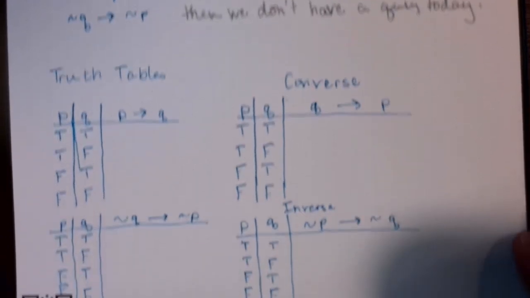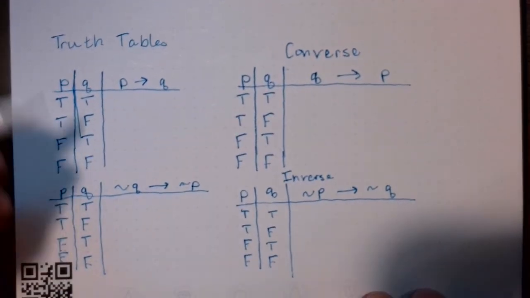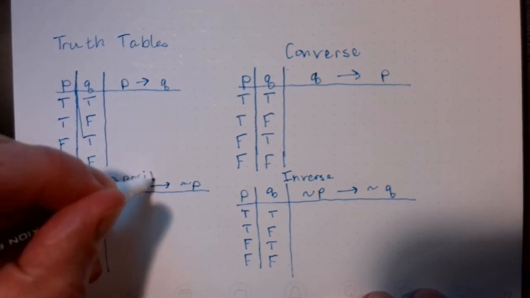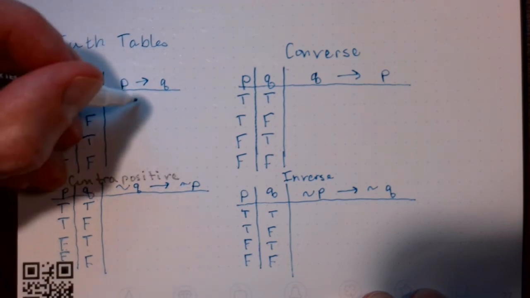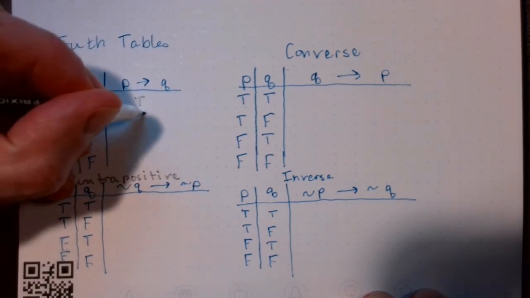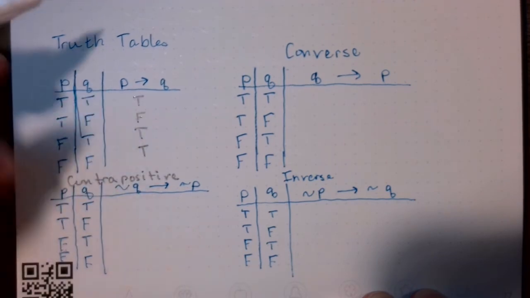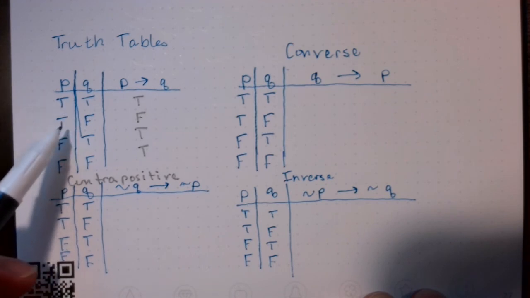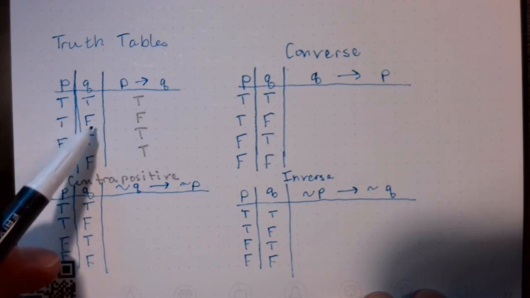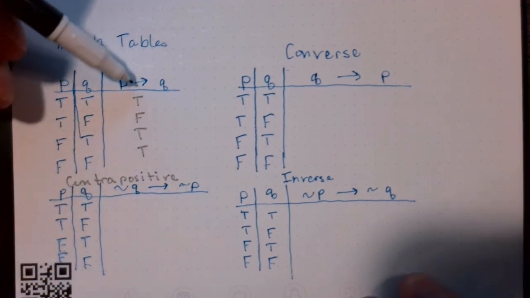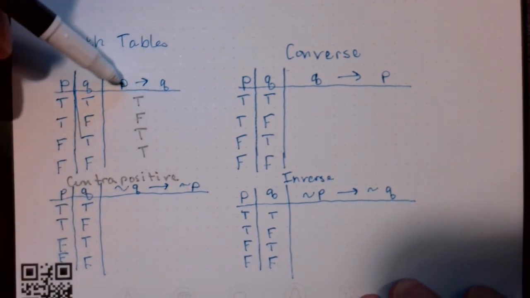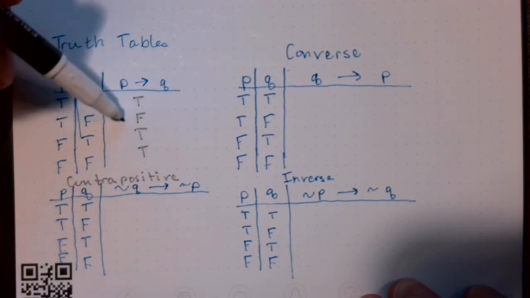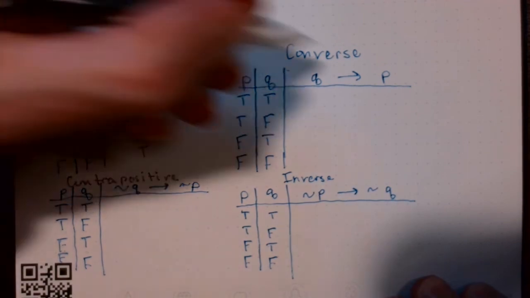Let's look at some truth tables here. We know the truth table for the standard conditional. Remember, the standard conditional is true in all cases except when the antecedent is true and the consequent is false. We think of this arrow as an operator: if this part is true and this part is false, then it gives you a false. Otherwise, it gives you a true. So we're going to apply that logic here.